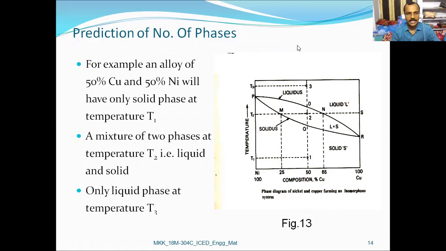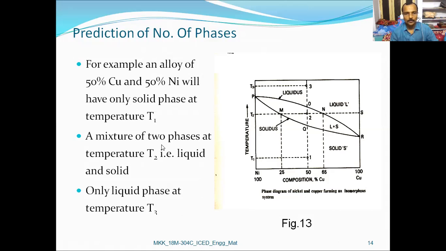For example, we are considering copper-nickel. If an alloy of 50% copper and 50% nickel is taken as an example, it has only the solid phase at temperature T1. So here it has only the solid phase.